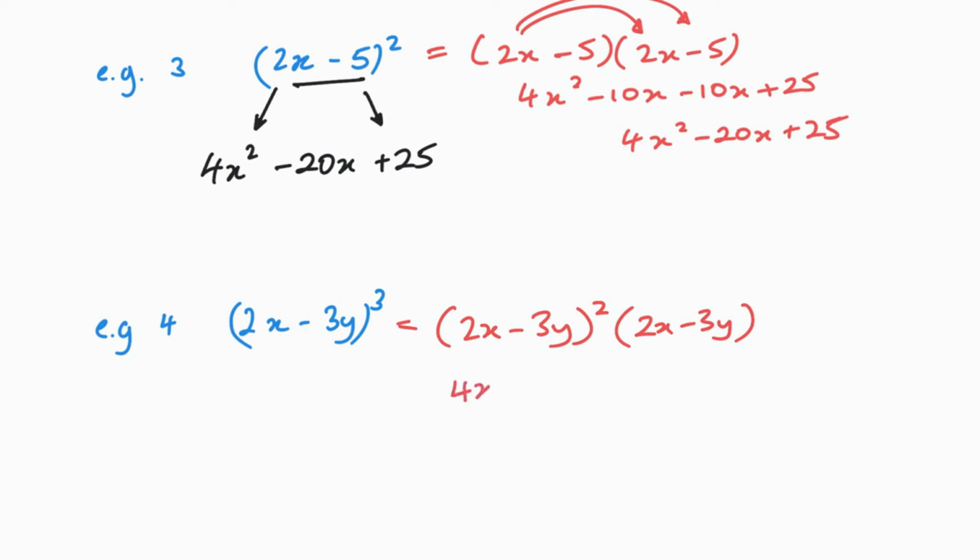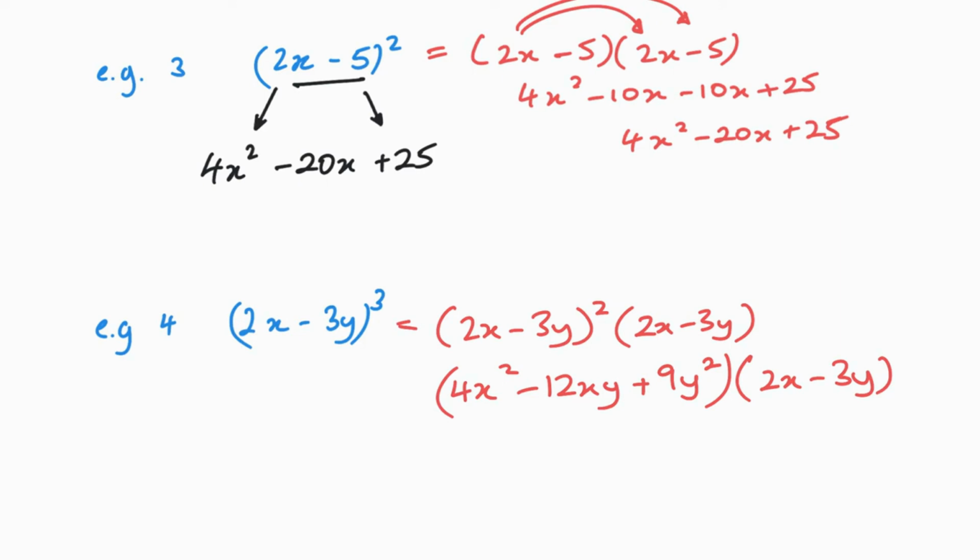So we've got 4x squared, square the first term, double the product, so 2 3s are 6. So this is minus 6xy, doubled is minus 12xy, and square the last term. And then we want to multiply that by my 2x minus 3y.